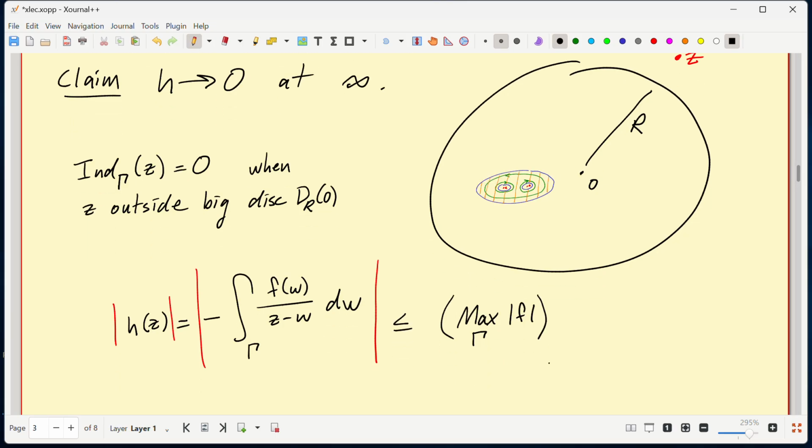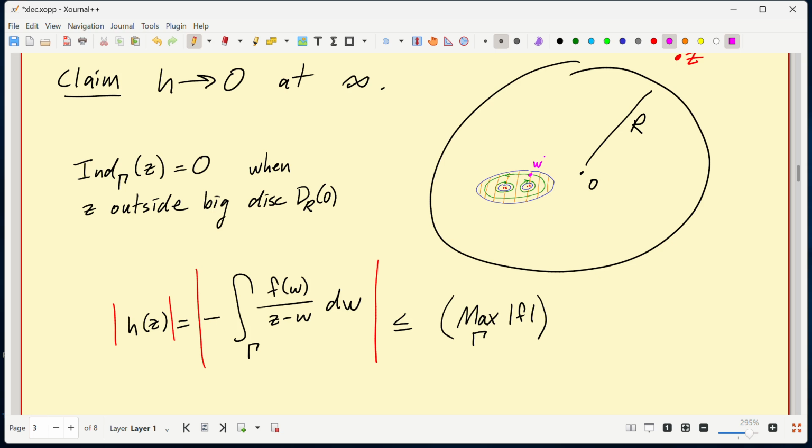Let's see how close my w can get, as it goes around one of these curves. There's my w in the integral.